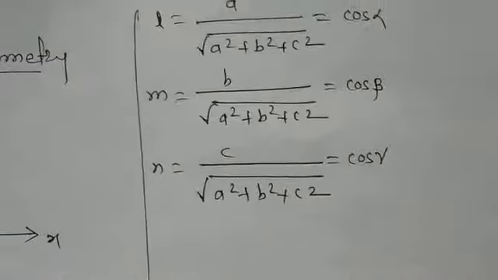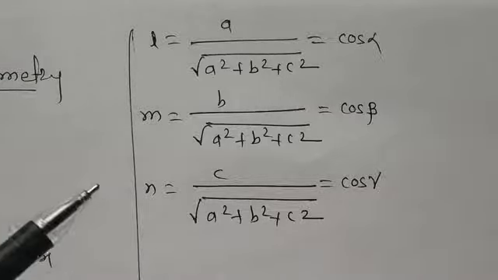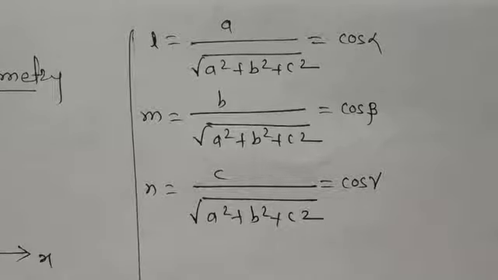So this is the relation between direction ratio and direction cosine: cos alpha equals L equals a upon under root of a square plus b square plus c square. Cos beta equals M equals b upon under root of a square plus b square plus c square. And cos gamma equals N equals c upon under root of a square plus b square plus c square.